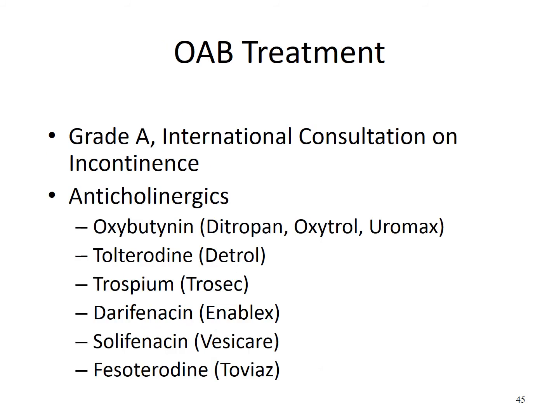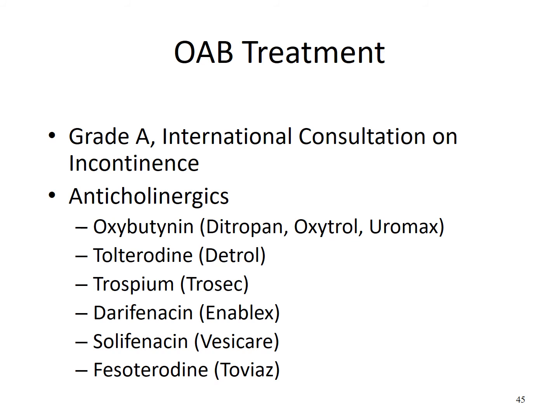This is listed as what we call grade A, or the highest level of evidence. So we have very strong evidence from randomized controlled trials that giving someone an anticholinergic medication decreases the overactive bladder symptoms and reduces the number of incontinence episodes. The oldest medication we have for this is oxybutynin, and the newer medications are often a little bit more selective.